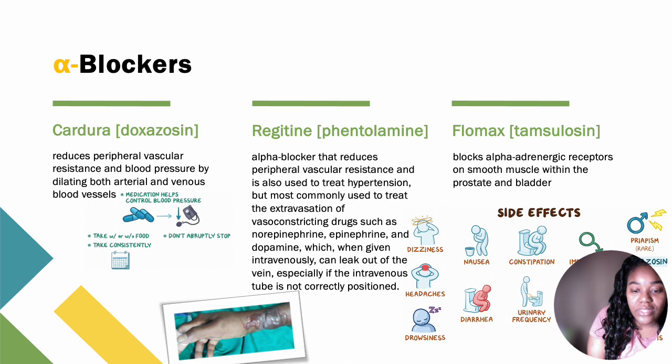So as far as your side effects, of course, you can have nausea, dizziness, priapism. You can have headaches, diarrhea, urinary frequency, which is kind of what you want this to do in the case of Flomax, because you're trying to get the individual to urinate. You may have drowsiness, all of these things. So just make sure you review those side effects as it relates to these alpha blockers.